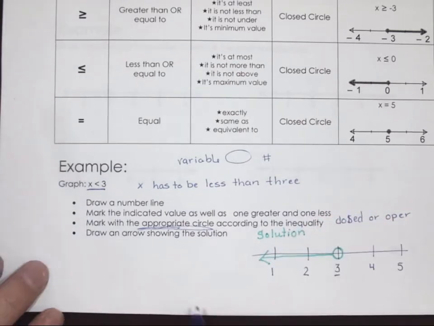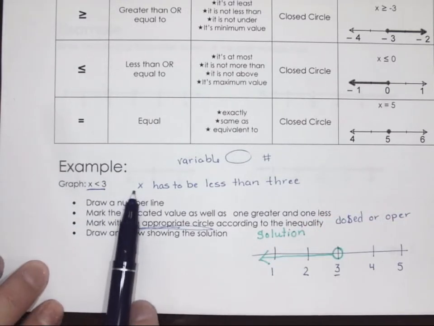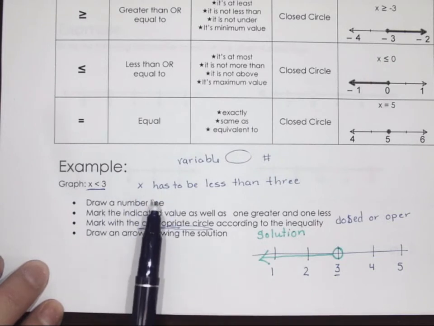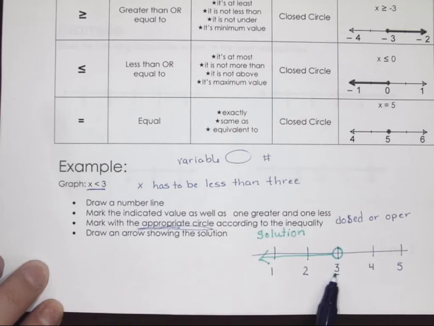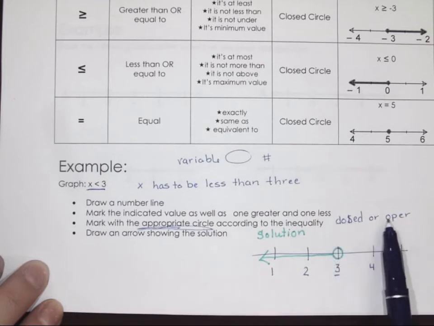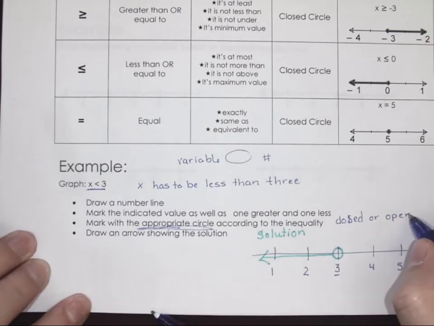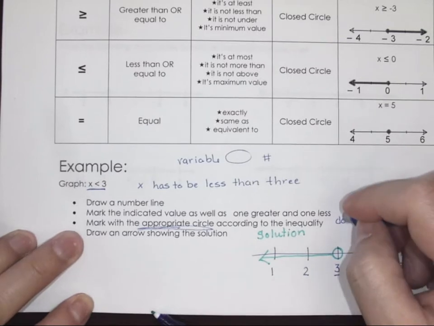Okay, so I always say it out loud to myself first. I don't think you need to write it down, but I say it out loud. I put my 3, because that's the number in the inequality. I do a few values higher on the right-hand side and a few values lower. Those must be there. And then I decide whether it's an open or closed circle.